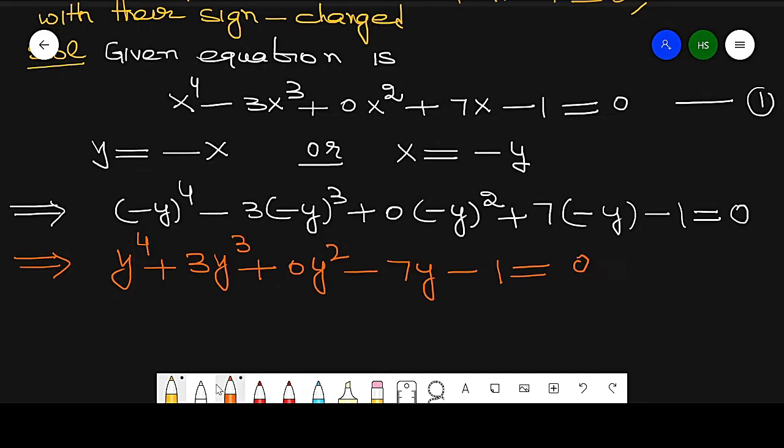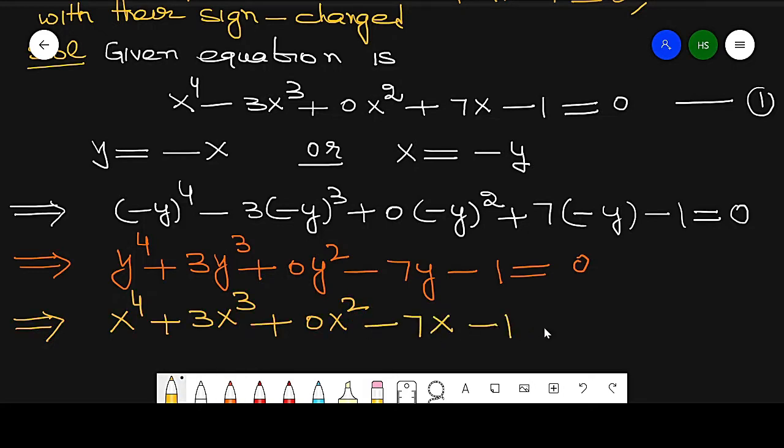Now since y is a variable, we can write it in terms of x: x raised to power 4 plus 3x cube plus 0x square minus 7x minus 1 equal to 0. So this is a new equation whose roots are negative of the roots of the given equation.